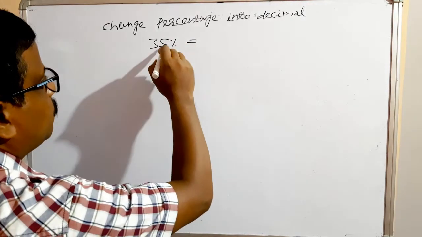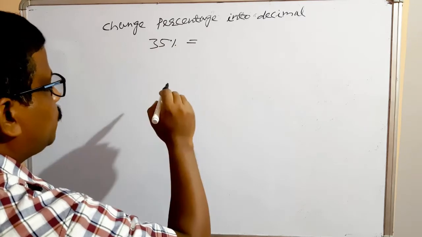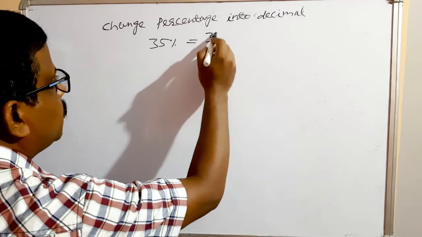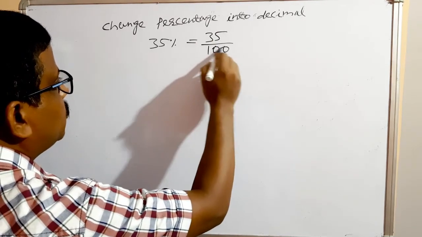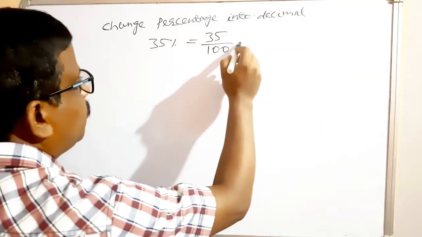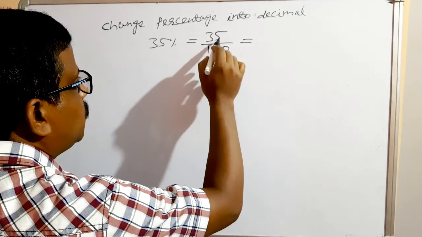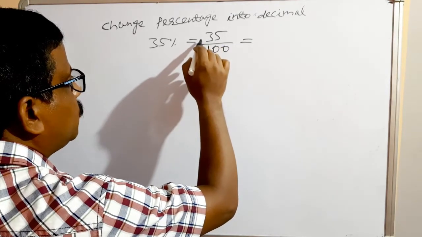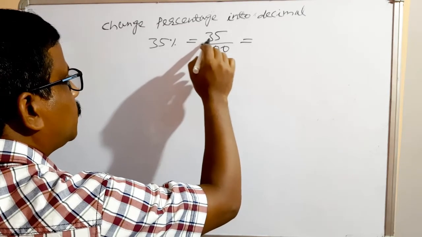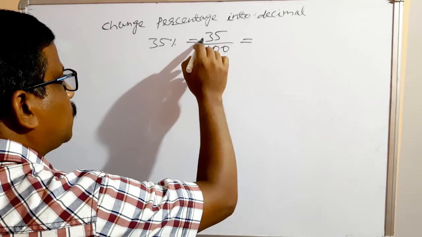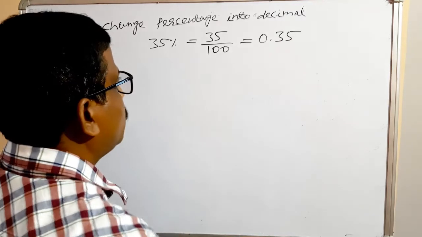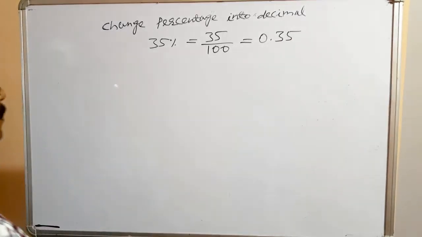When a percentage is given, we first change it into fraction. So it will be 35 by 100, as I have told you before. Now in decimal form, the decimal point will move back 2 places, since there are 2 zeros in 100. After coming back 2 numbers, we put the decimal point. So it is 0.35. Clear? Percentage into decimal.